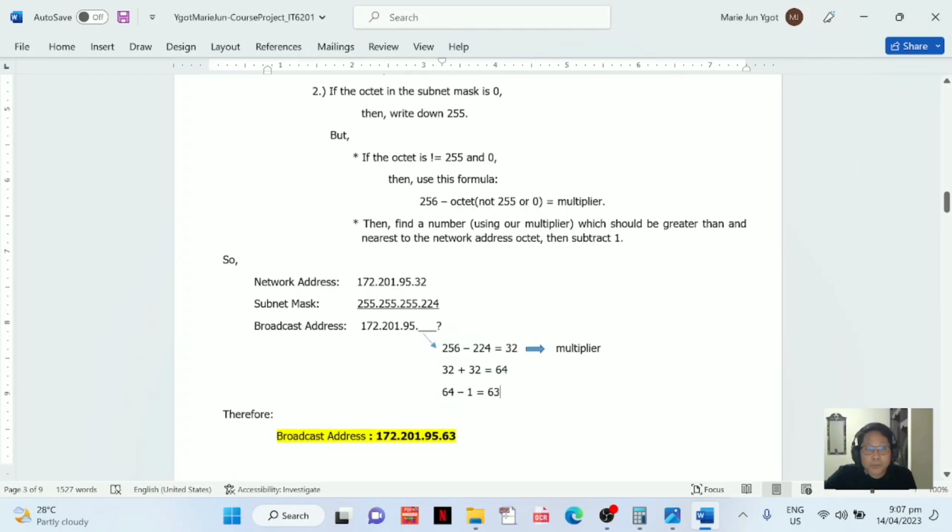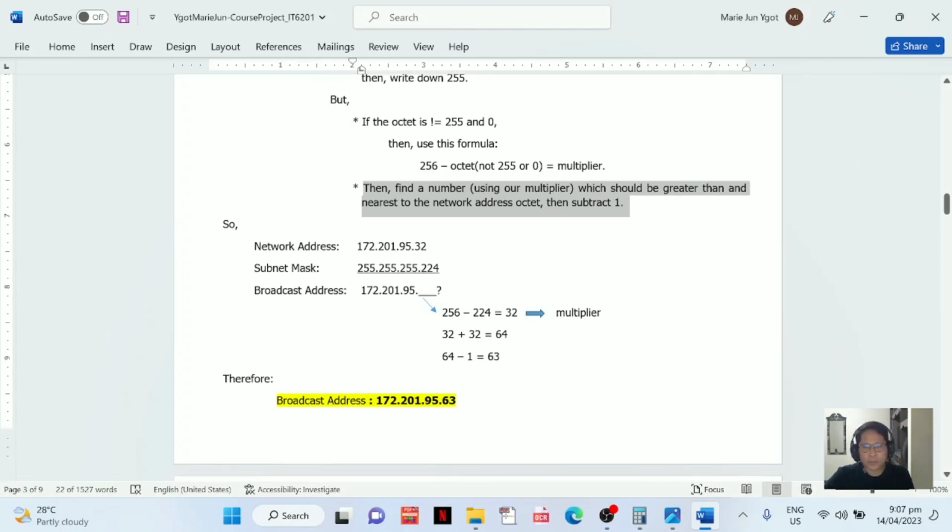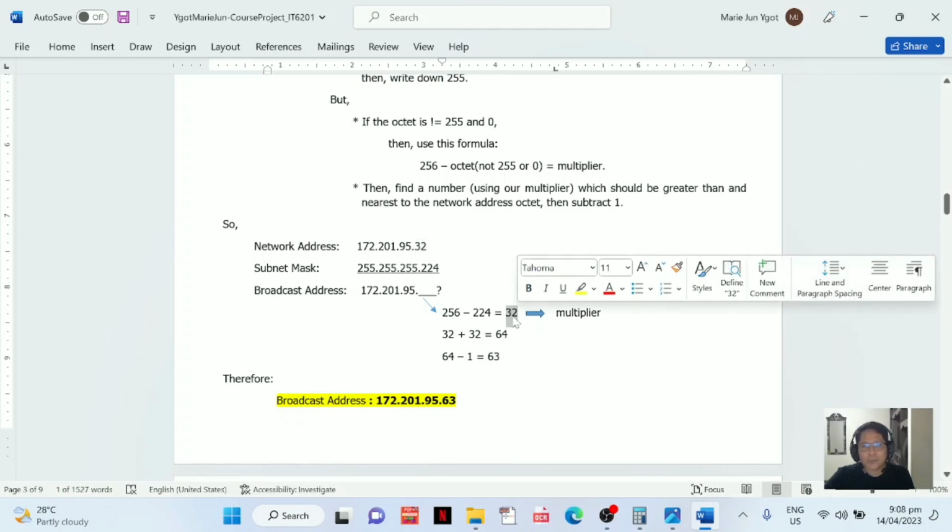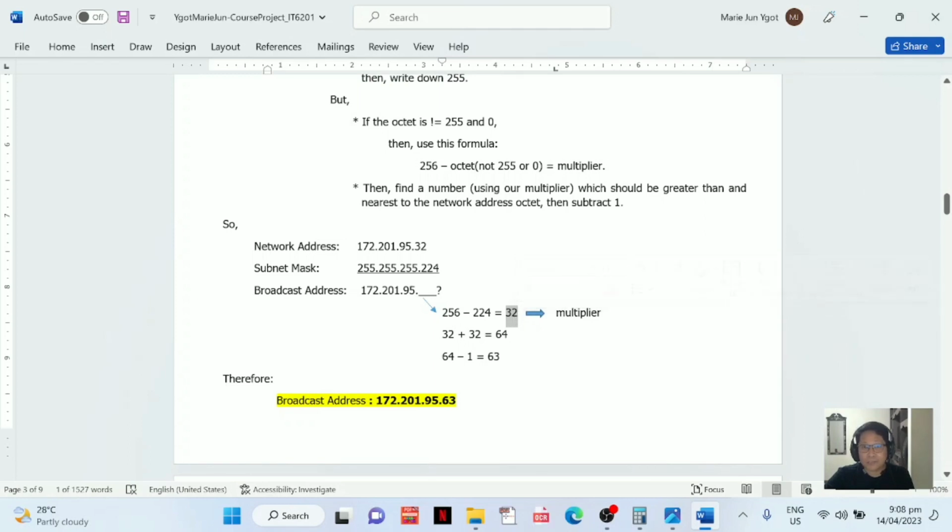We are going to base again, then find a number using our multiplier which should be greater than and nearest to the network address octet, then subtract 1. So our octet in the network address here is 32. Since we also have 32 on our multiplier, we cannot use this one because they are the same number.